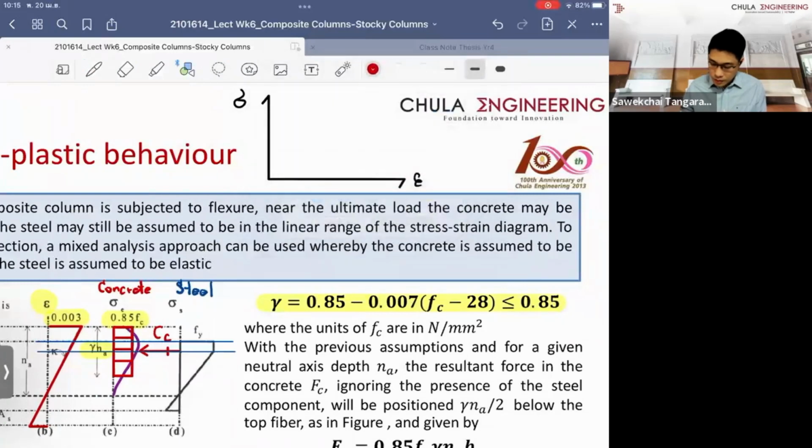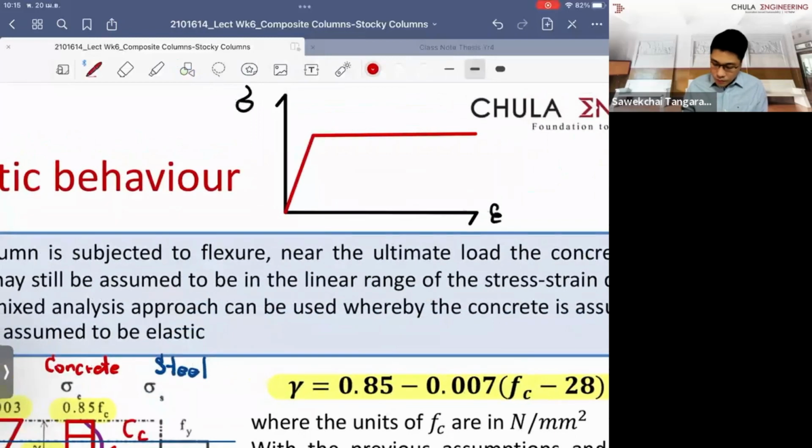And knowing that this is for the steel, we have the very nice linear proportion and the flat curve. And what we know as well, the Young's modulus of the steel is equal to 200,000 MPa.